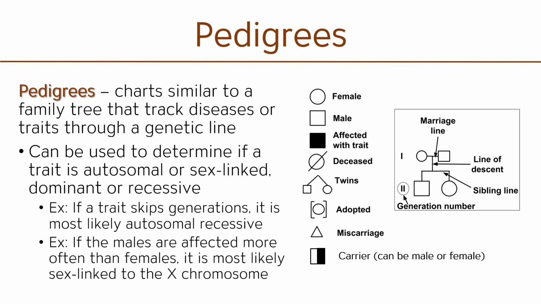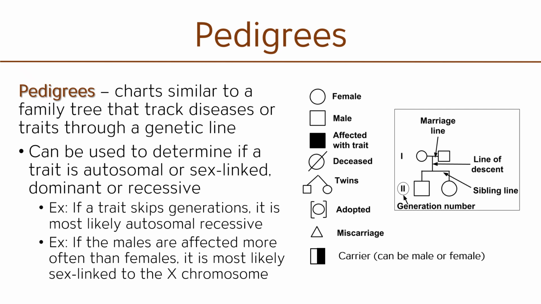And while this is a horizontal line, it's a bracketed horizontal line. It does not directly connect those two shapes to the shape itself. It's connecting it to the line that is associated with the parents. And also we can see that this is the next generation by the Roman numeral switching to 2.